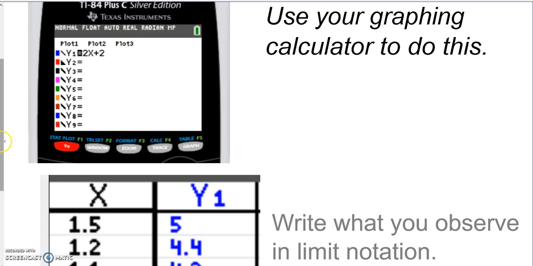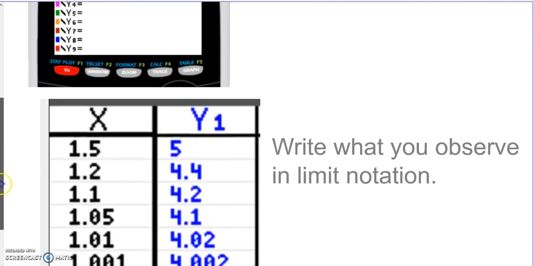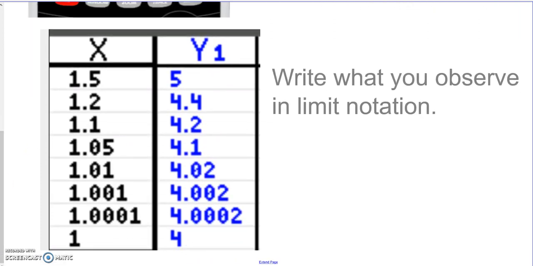If you look at the values on your table from the right hand side, as it's approaching 1, it's still getting closer and closer to 4. So the limit notation here would be: as x is approaching 1 from the positive, the right hand side, the limit is 4.